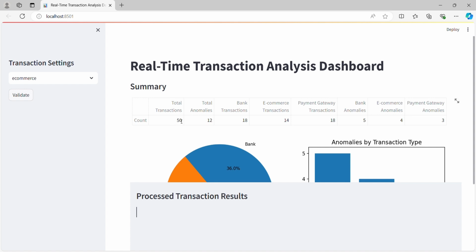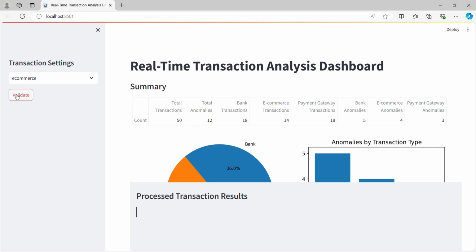To segregate these numbers, we have also provided how many were bank transactions, how many were e-commerce transactions, and the rest are payment gateway transactions. And from these, 5 anomalies were found in bank, 4 in e-commerce, and 3 it found in payment gateway methods.